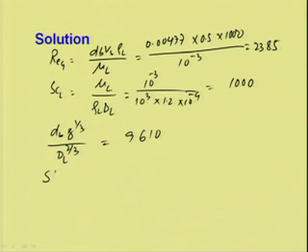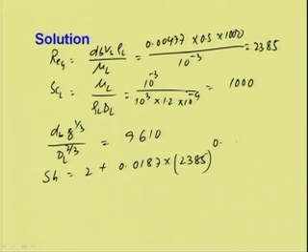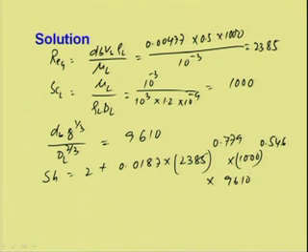Now, if we substitute this data, the Sherwood number will be 2 plus 0.0187 into 2385 to the power 0.779 into 1000 to the power 0.546 into 9610 to the power 0.116.